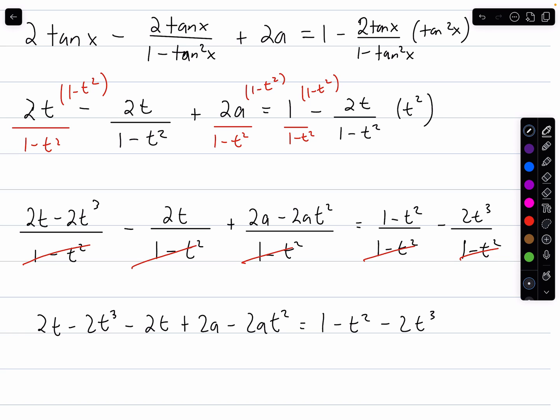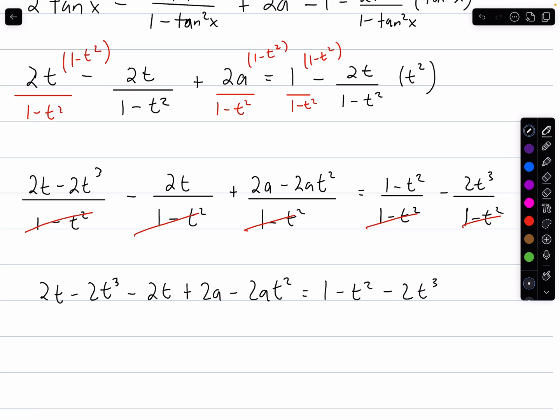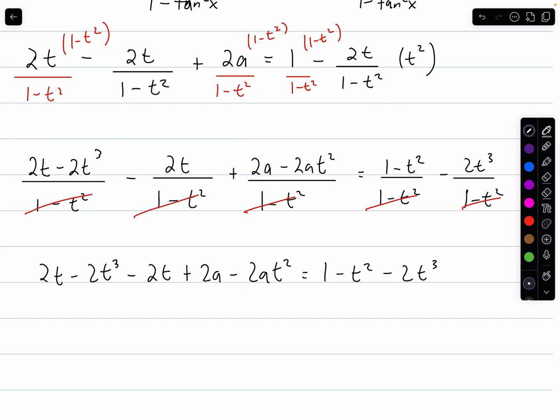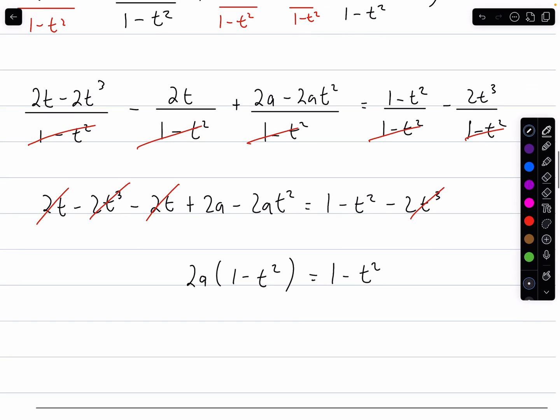And then from here, we can simplify a little bit more. Because we have a negative 2t cubed on both sides, those will cancel out. The 2t and the negative 2t will also cancel out. And then on the left side here, if I factor out a 2a, I'll be left with 1 minus t squared is equal to 1 minus t squared.